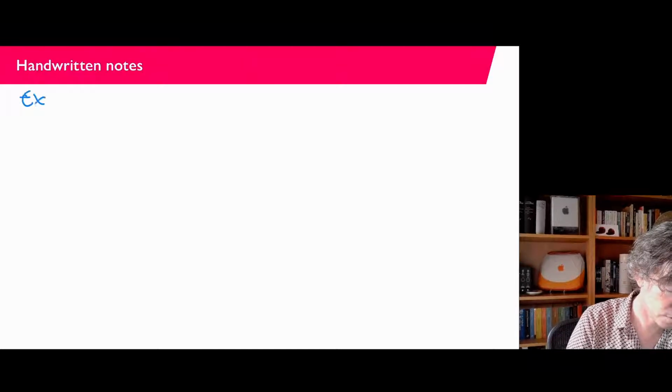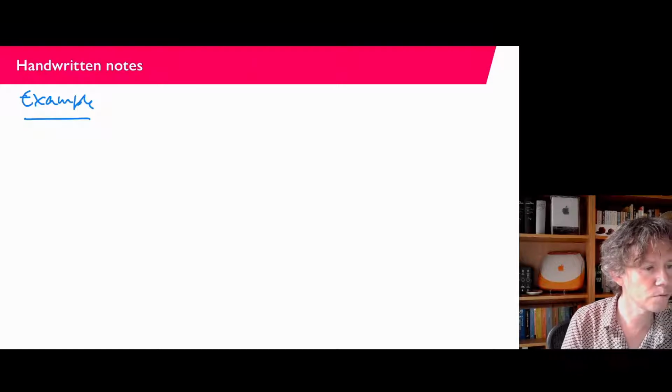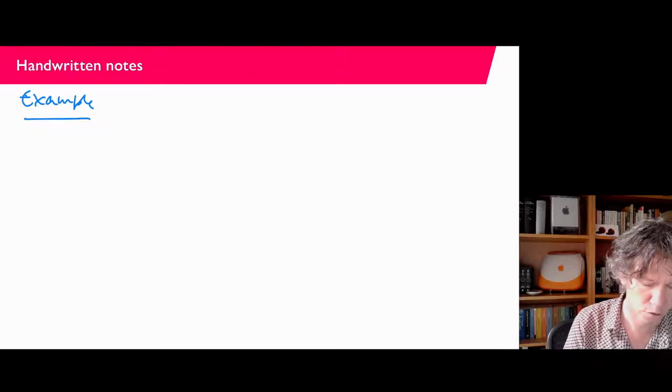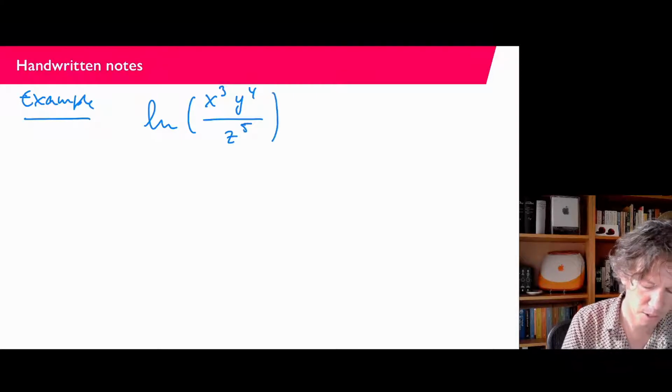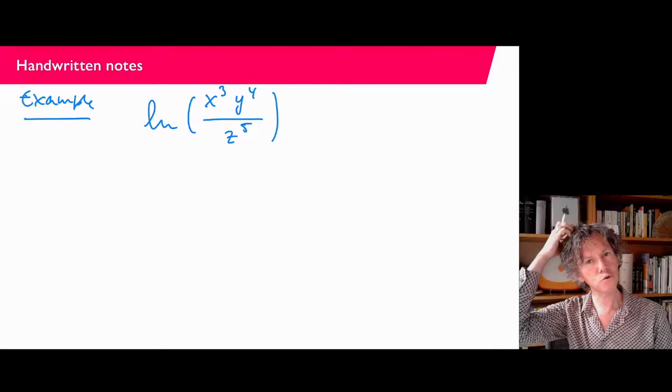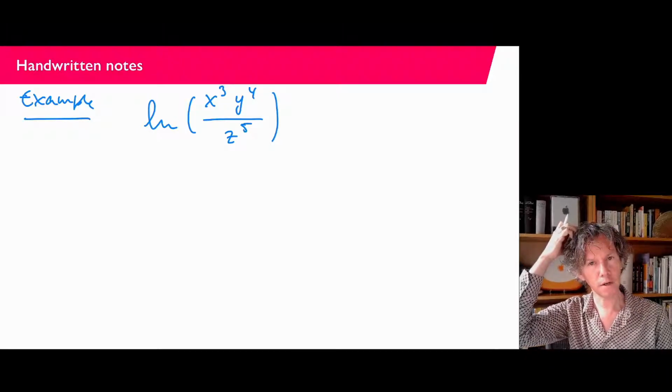So let us look at an example of how you can use that. One of the questions that we might give you is to rewrite the natural logarithm of x to the power 3, y to the power 4 over z to the power 5, in terms of ln x, ln y, and ln z.